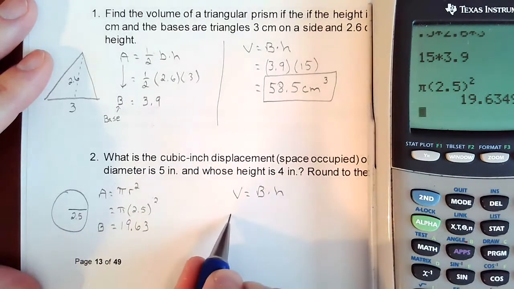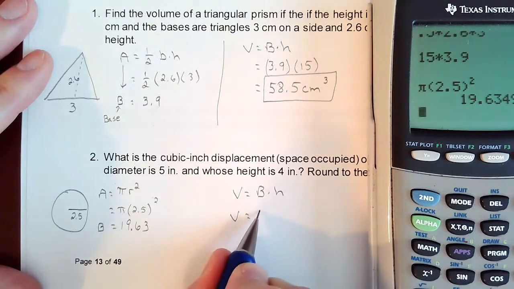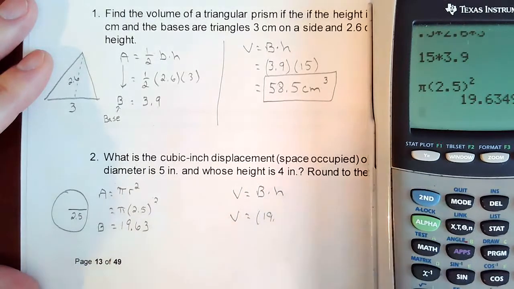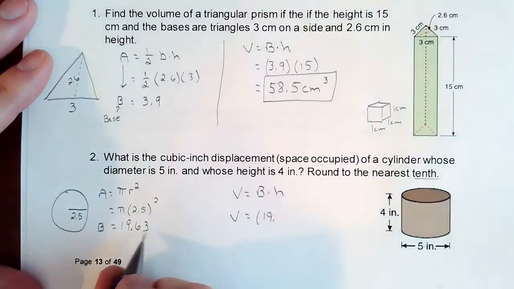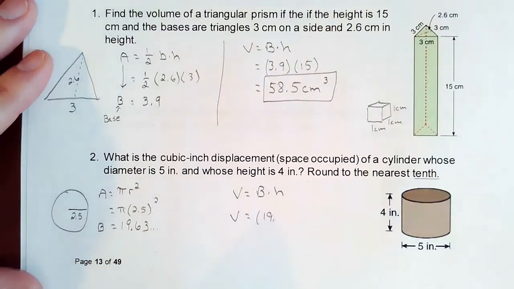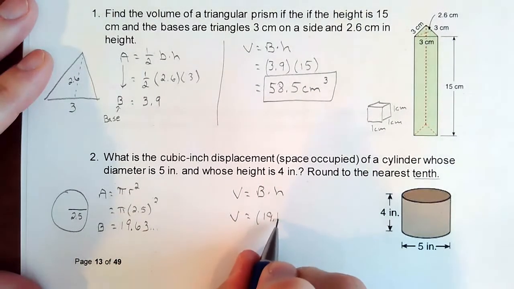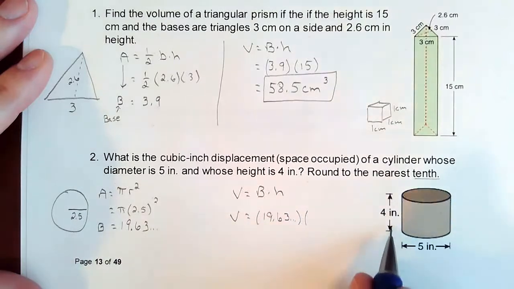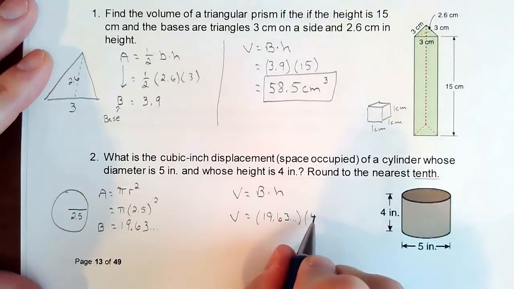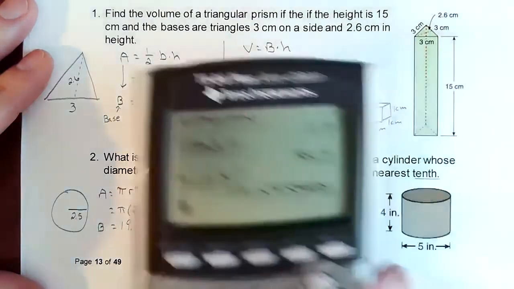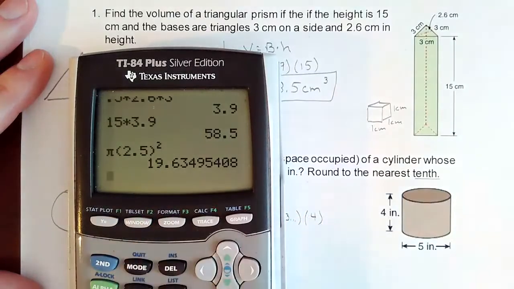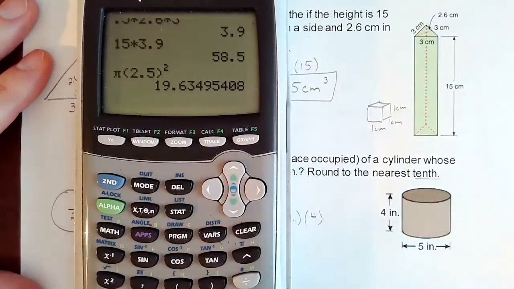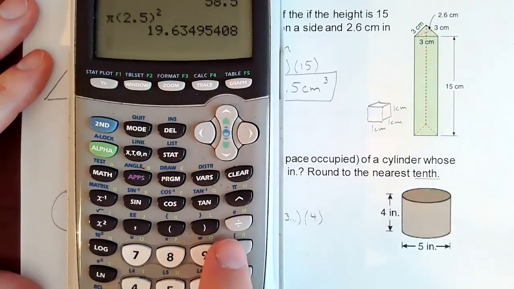So that's that done. So our volume is 19.63..., and I put some dots after it just to show I didn't round it, times the height, which is 4. So on the calculator, all you have to do is just do times.